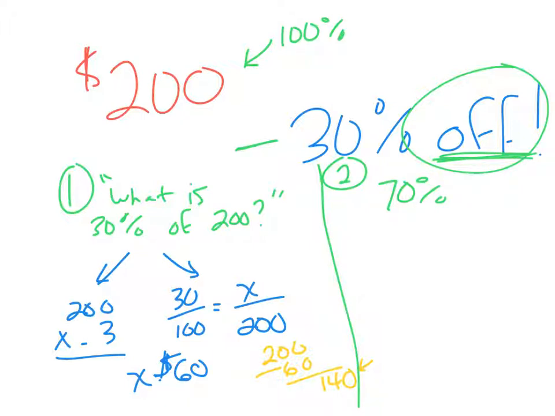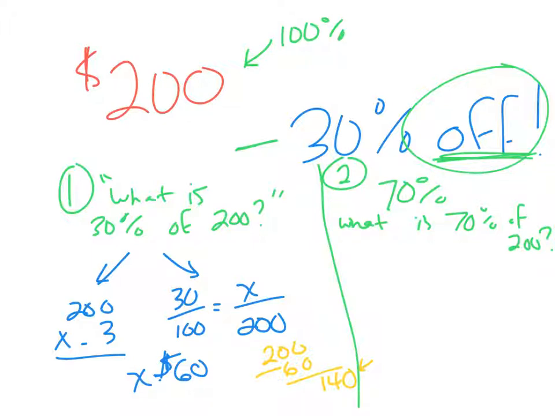So I just want to ask myself, what is 70% of 200? And that will take me straight to that discounted price.